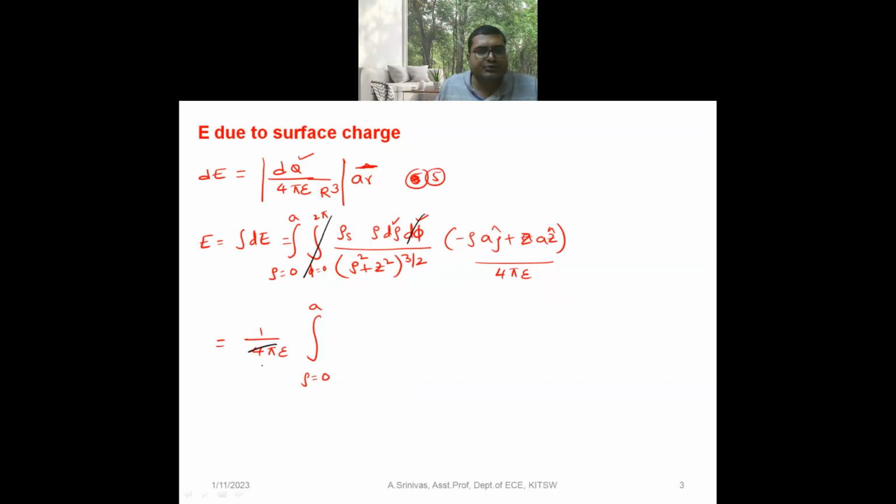So this term gets cancelled and we get 2 pi rho s rho d rho divided by rho square plus z square power 3 by 2, times minus rho a rho cap plus z a z cap.